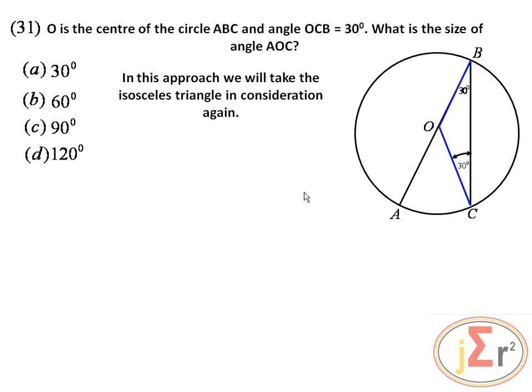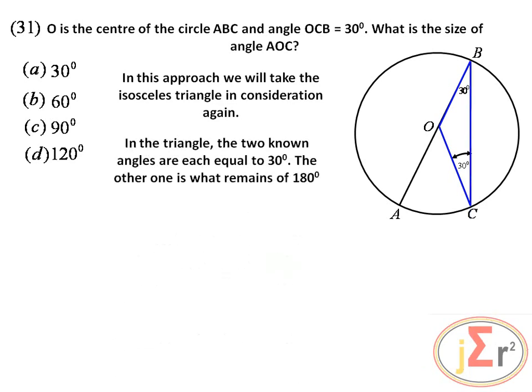And we know from the previous take on this problem that OBC is also equal to 30 degrees. In the triangle, the 2 known angles are each equal to 30 degrees. The other one is what remains of 180 degrees.